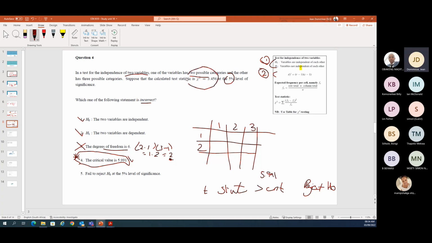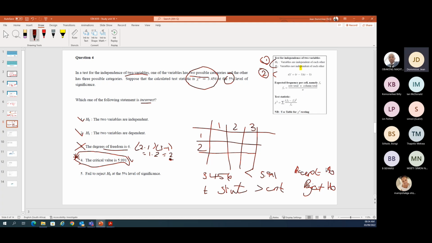The value that you calculated, and luckily they give that to you, is 3.456. So your t-stat is not bigger than your critical value. So when it is not bigger, we accept the null hypothesis.